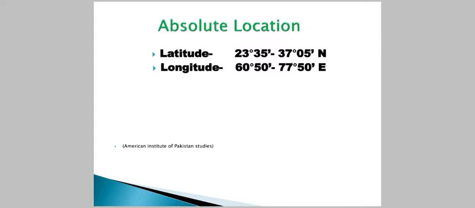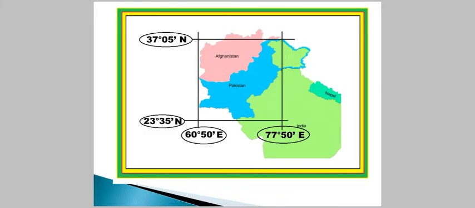In terms of longitude, it starts from 60 degrees and 50 minutes east longitude and extends till 77 degrees and 50 minutes east. Now, this is a map with the help of which you can easily understand the latitudinal and longitudinal extent of Pakistan, or the absolute location of Pakistan.